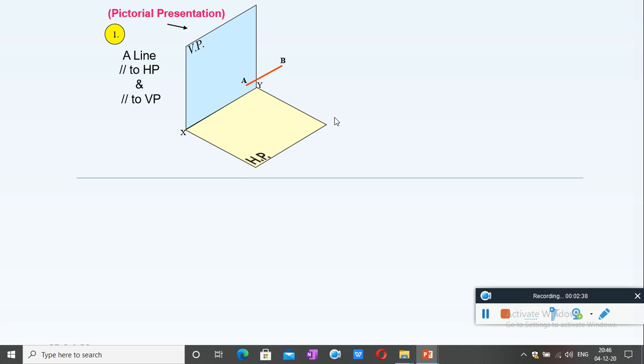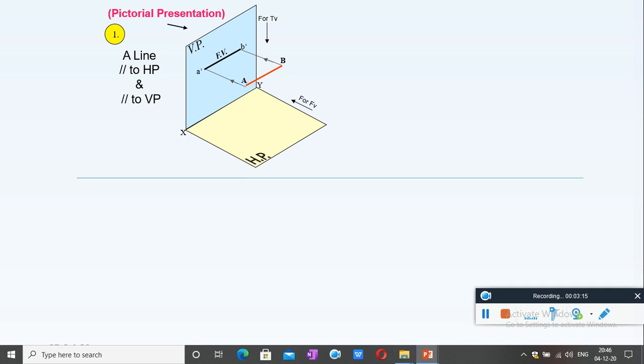When viewing in the front view, which is always viewed from this direction, we get the projections on the vertical plane. The projection of A will be point A dash and projection of B will be point B dash. We have studied that in front view the projections are notated with a dash, so AB will be notated as A dash B dash.